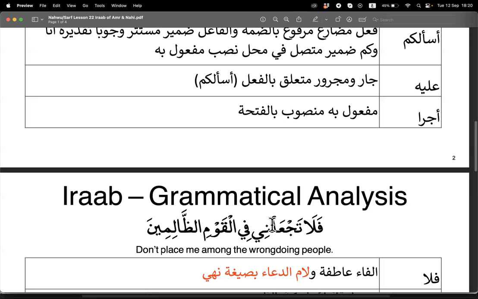So whenever you have a fi'il especially, you will have this noon so that this ya doesn't force the lam to become kasrah. If you put ya here without the noon, it becomes taj'ali. The lam will have a kasrah. So this noon is called noon al-wiqayah.